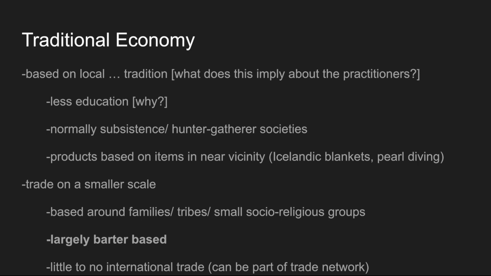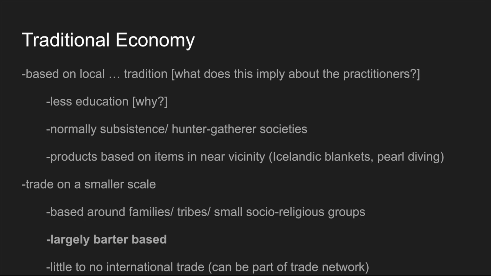So instead, what would happen is the goods from Iceland would move into a trade network. So they'd trade it to some fisherman from Denmark who's out there getting resupplies. He's got a bunch of these blankets. He brings them back. He trades it in Denmark to some trader from Germany who knows somebody, and he trades it to them in Poland. Those people in Poland trade it to somebody in Ukraine, who trades it to someone in Russia, who trades it to someone in Azerbaijan. It goes step by step by step.